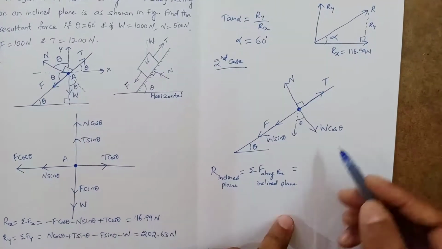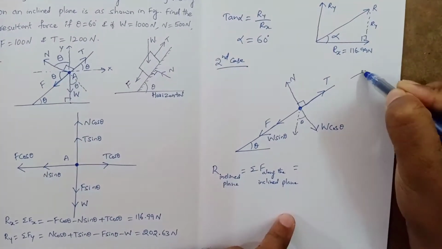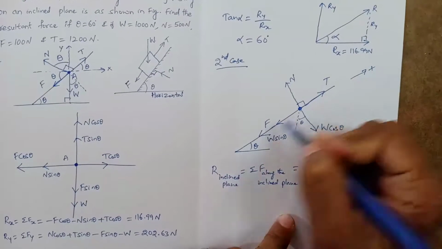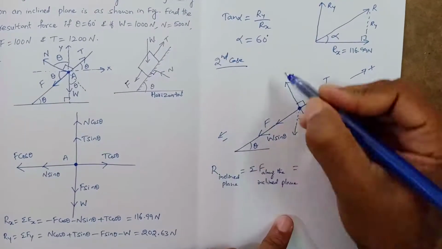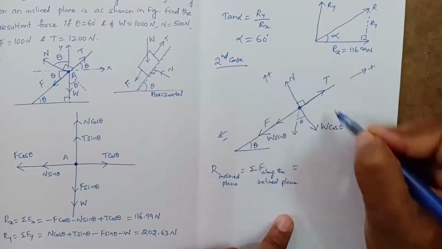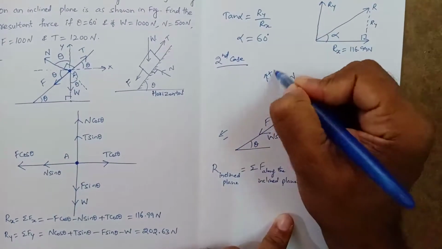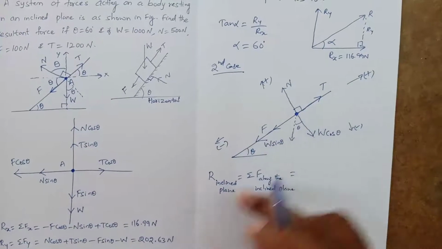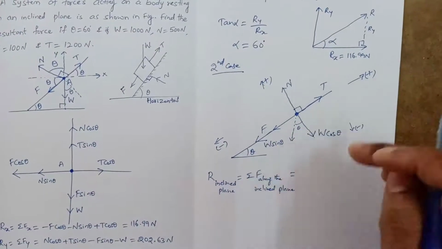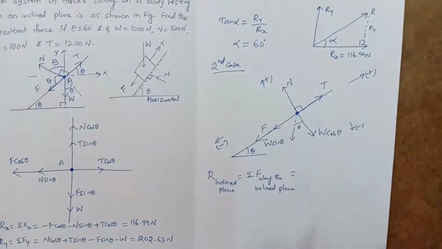So this is equal to, if we take this direction as positive, this direction will become negative. Similarly, if you take this direction as positive, this direction will become negative. This is for our reference. I am taking upward as positive, downward as negative. Similarly, here also this direction as positive, downward as negative.